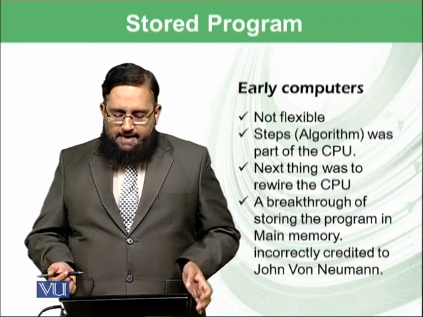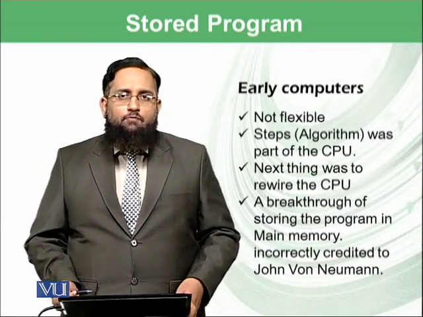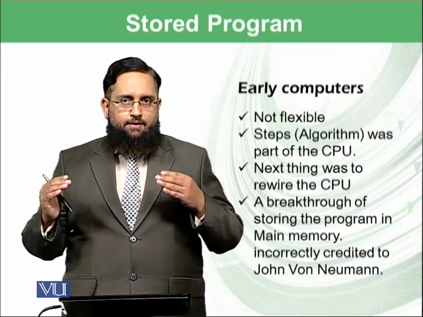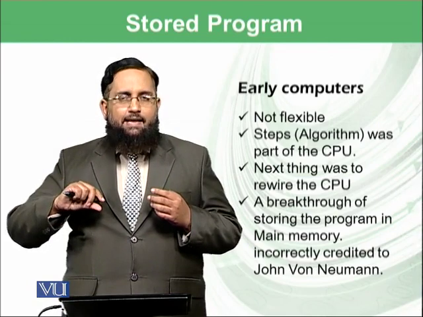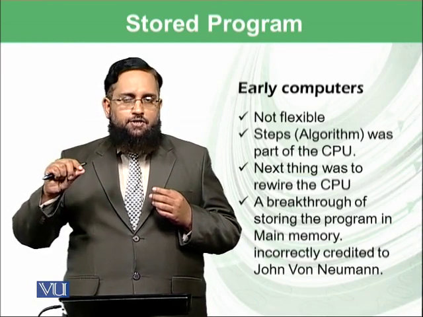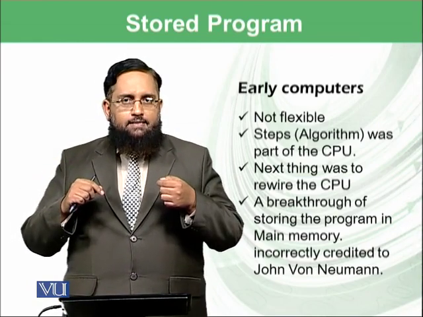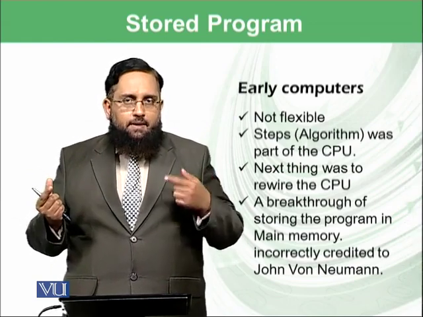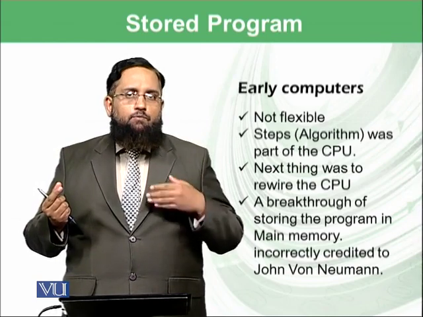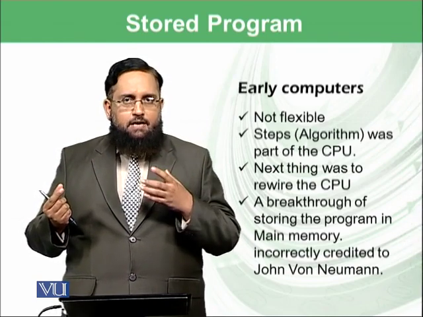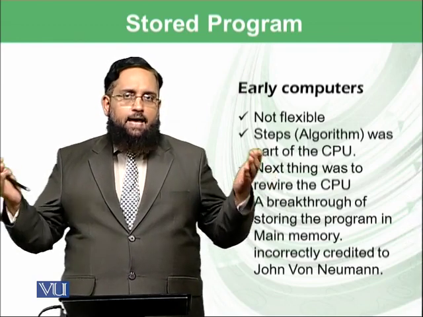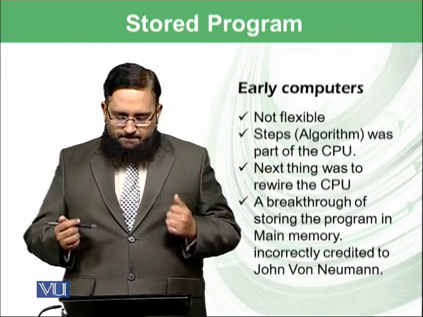Then there was a next generation that was rewiring of the CPU. Whatever CPU we had built, that was previously calculating addition, now we rewire that CPU and it is going to perform subtraction. But still the problem is that we were not able to make such a computer that could perform multiple things like the computer of today.